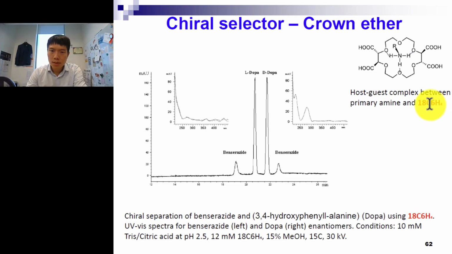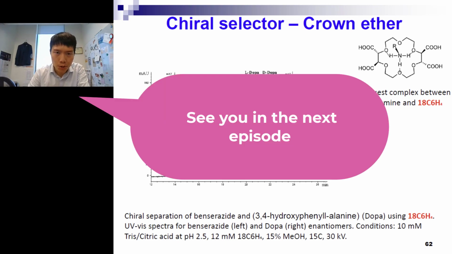These 6 here represent your 6 oxygen that are able to act as a Lewis base to donate your lone pair of electrons to form a dative bond with the center. In this case, hydrogen bond, right, with the center. Okay, so you see in this case, you separate your L-dopa and D-dopa using your crown ether.